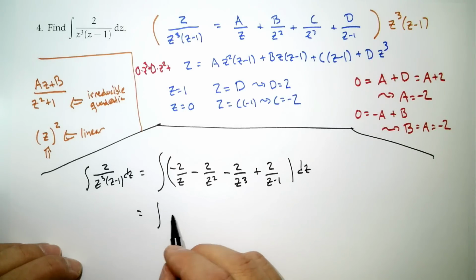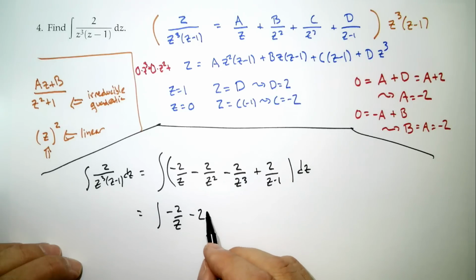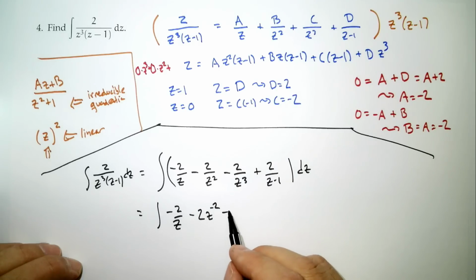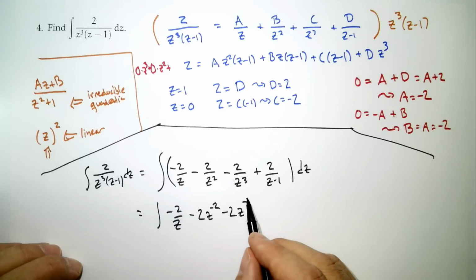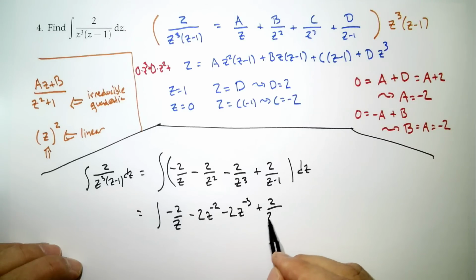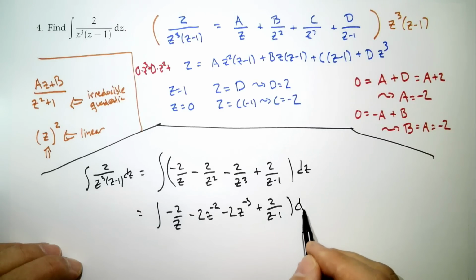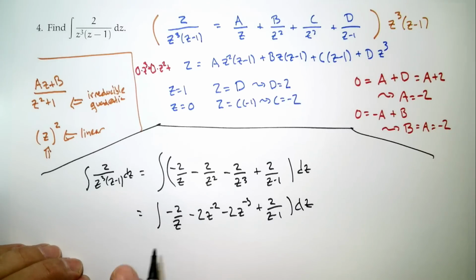And if we're going to integrate this, it might be easier to rewrite it. So you have minus 2 over z, minus 2z to the negative 2, minus 2z to the negative 3, plus 2 over z minus 1. And we're ready to read off our answer.